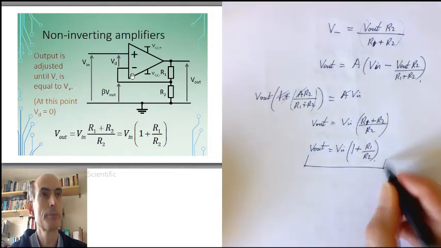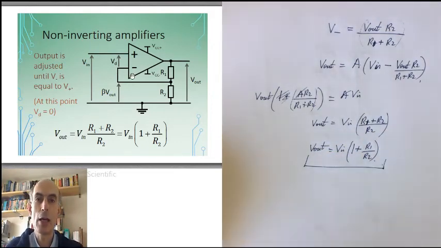That's what a non-inverting amplifier does, assuming that the op-amp is ideal. It's a very common and very useful circuit, and we can check that it works in the simulator again.